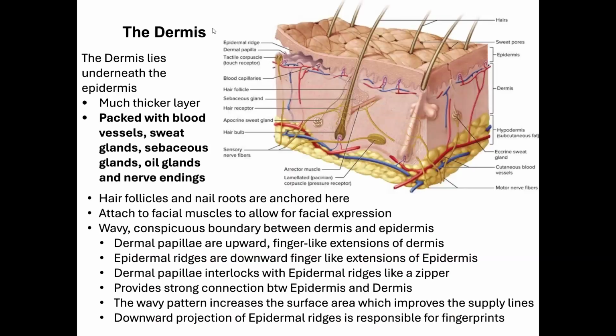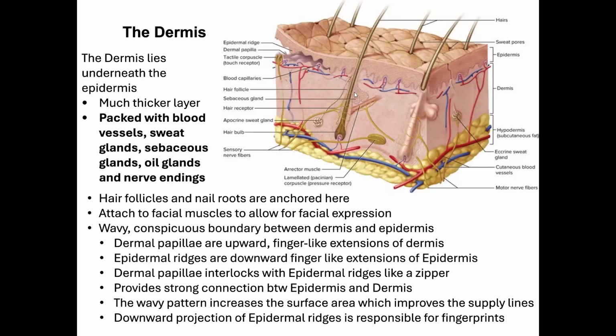So that's all about the epidermis. Let's talk a little bit about the dermis. Dermis is under the epidermis. So the next layer is the dermis. And unlike the epidermis, it is packed with blood vessels, nerves, sweat glands, sebaceous glands, oil glands, nerve endings, all these.